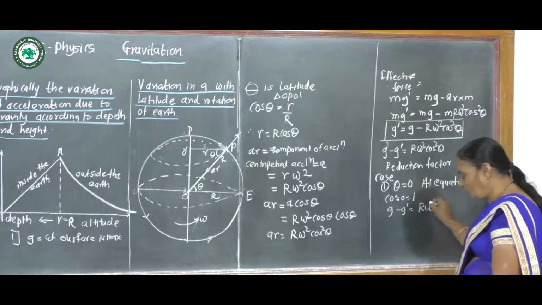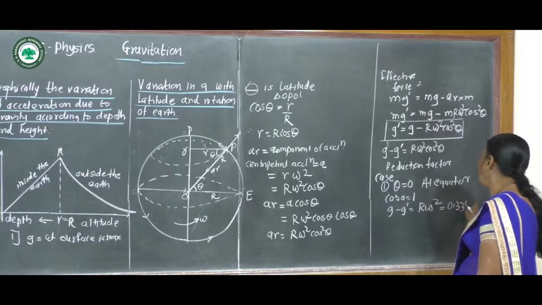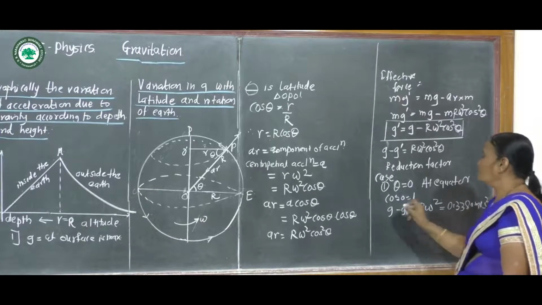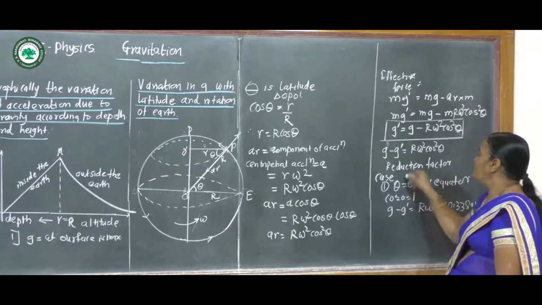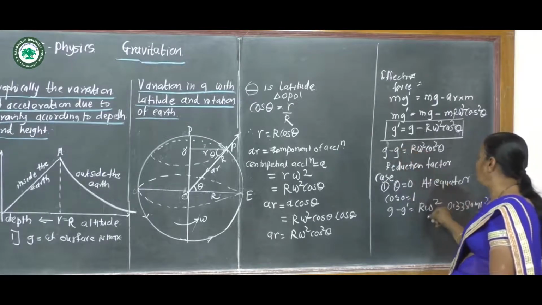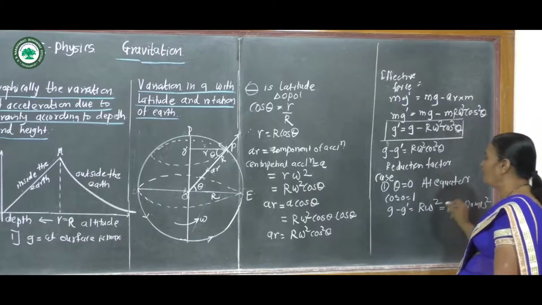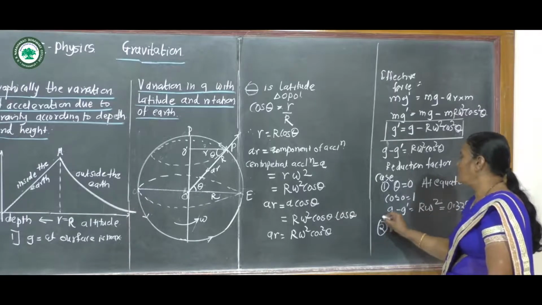If we calculate this value, it becomes 0.0338 meter per second square. This is the reduction factor.